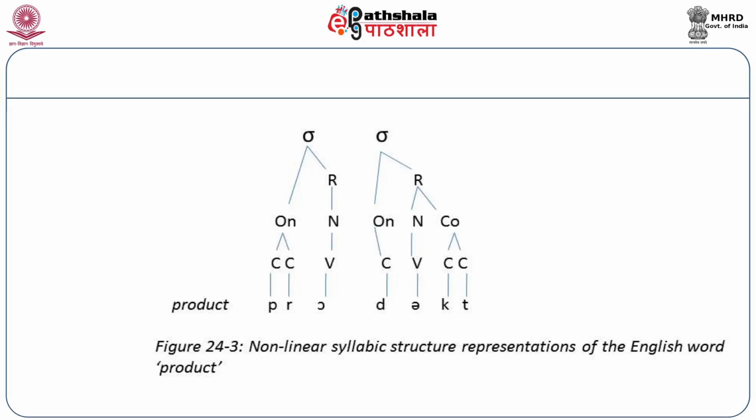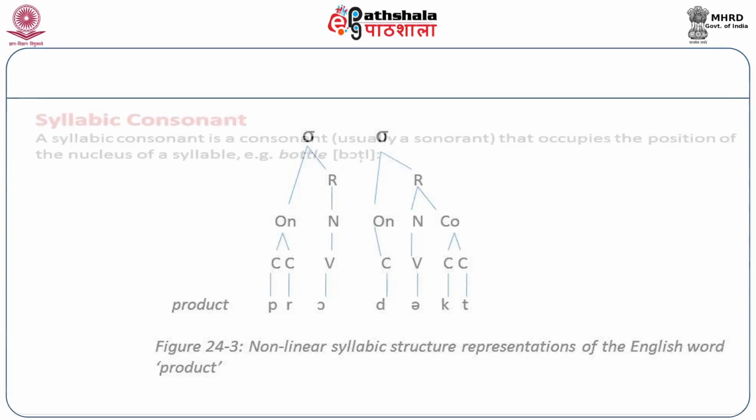The rhyme has a single nucleus o in the first syllable, and the rhyme in the second syllable has the nucleus u. The coda is complex at the end. So this structure now is more hierarchical. Now, this hierarchical structure is found to be useful for many phenomena in languages. We will look at them one by one.